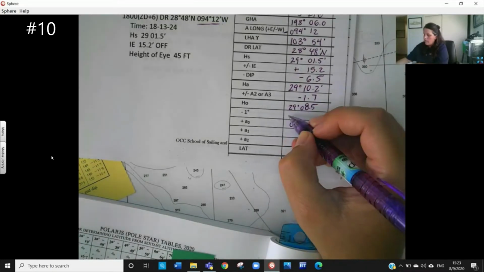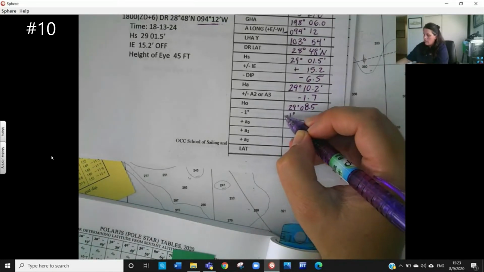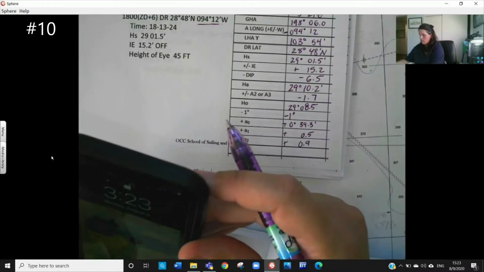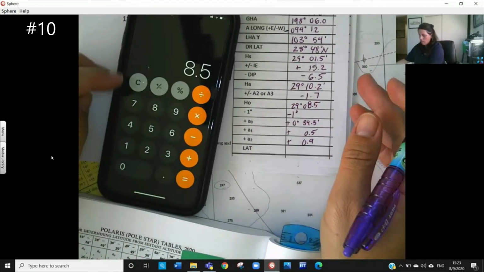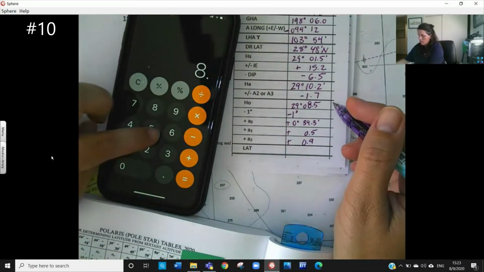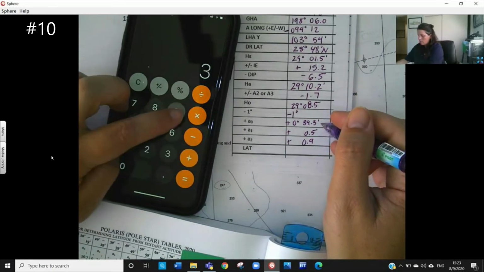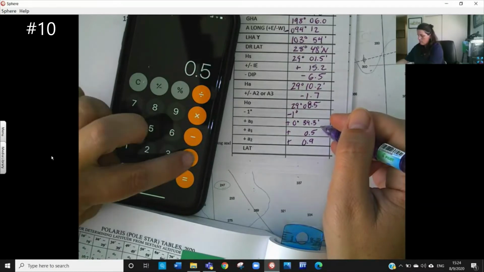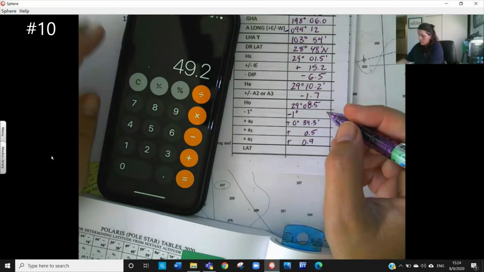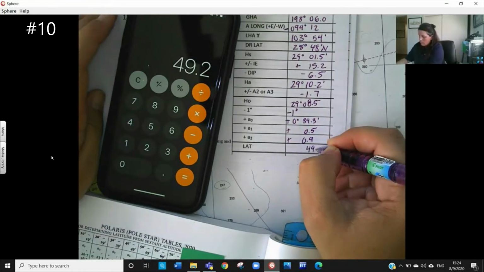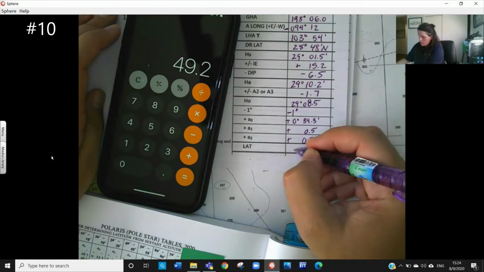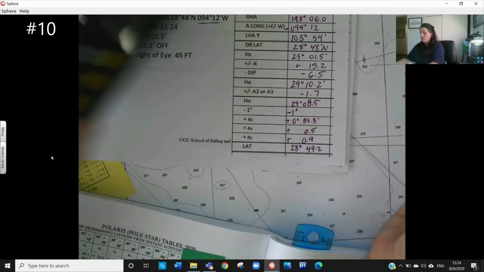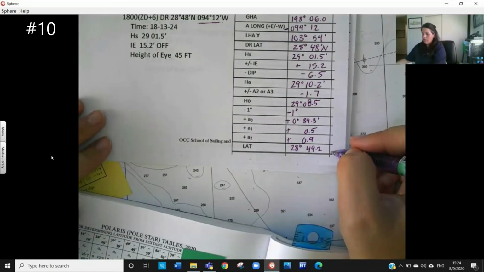And we always minus 1 degree, and then we are going to add the rest of them. 28 degrees, 49.2 is our latitude by Polaris.